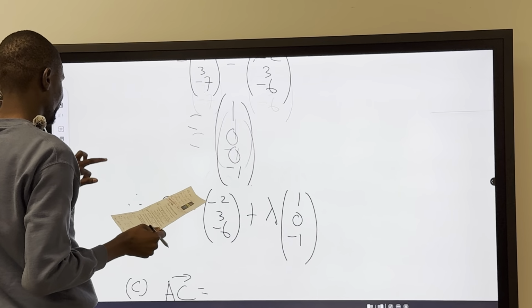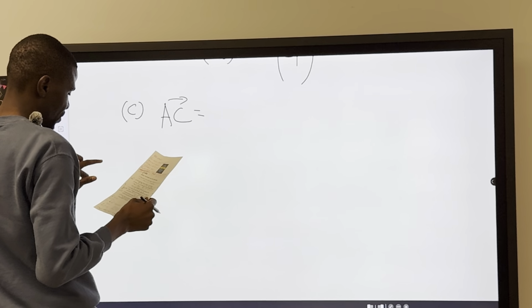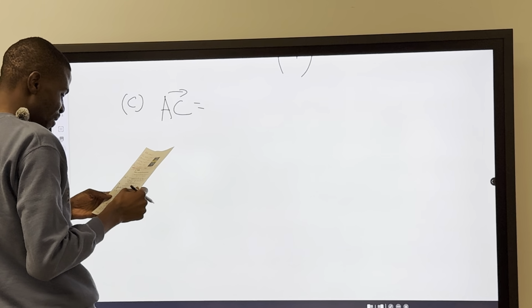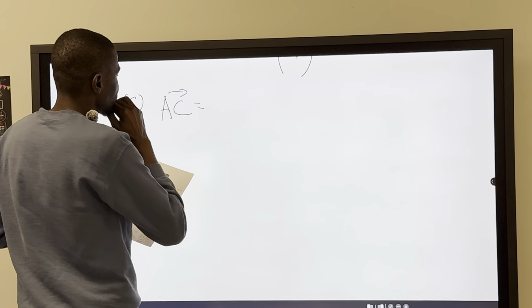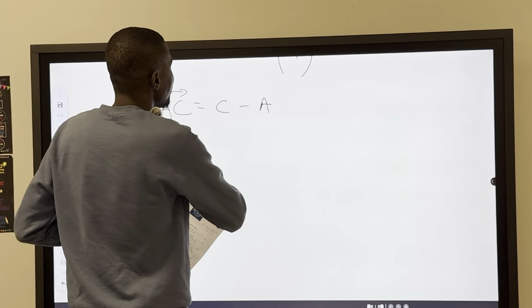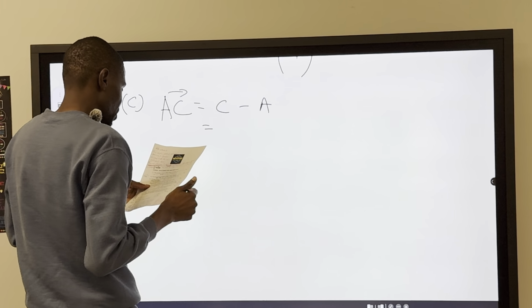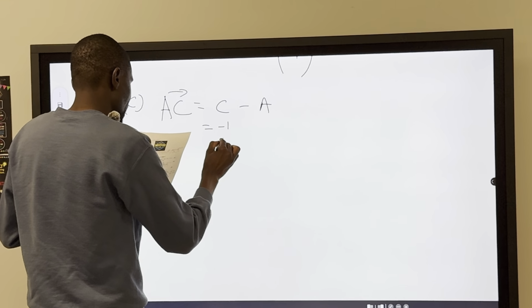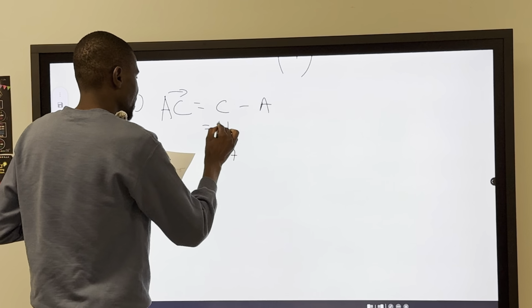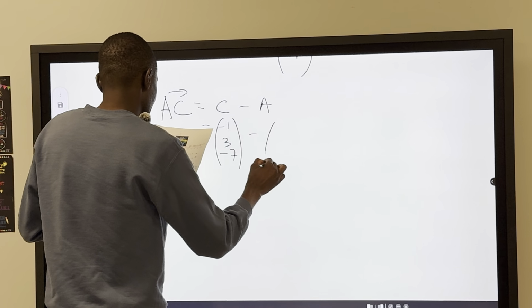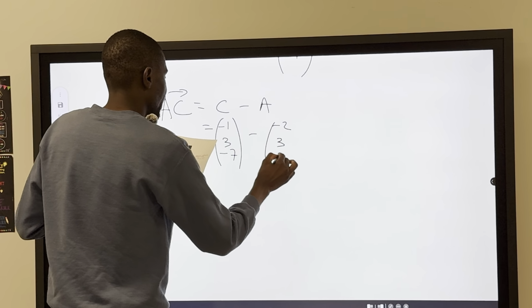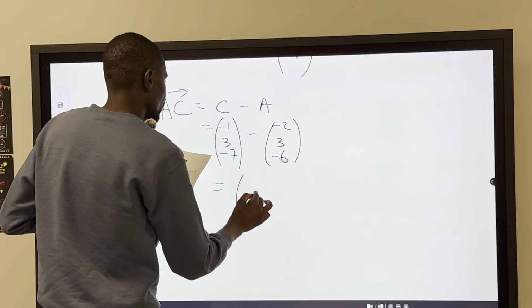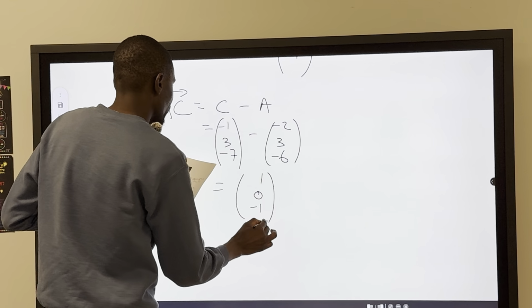Let's quickly say C minus A, so our C here is (-1, 3, -7), then our A is (-2, 3, -6), which is (1, 0, -1).